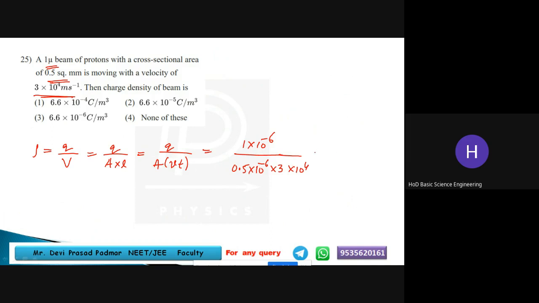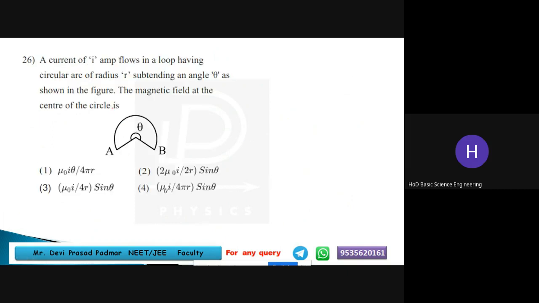Just simplify this. You will get 6.6 into 10 power minus 5. Actually, option 2. Please check that. Question number 25, right? Yes, option 2. This one is direct. You know the formula for that.